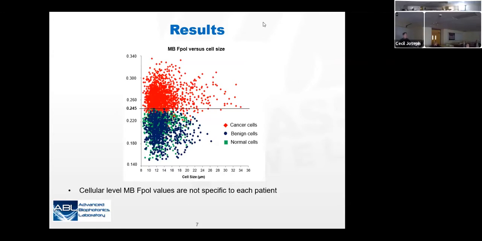So those cell size values are consistent with cell sizes of thyroid epithelial cells reported in the literature. And there's a wide range depending on whether they're normal or benign versus the malignant cells. I think you can see that the largest cells were indeed in the malignant categories, but these cell sizes were determined from the confocal images.